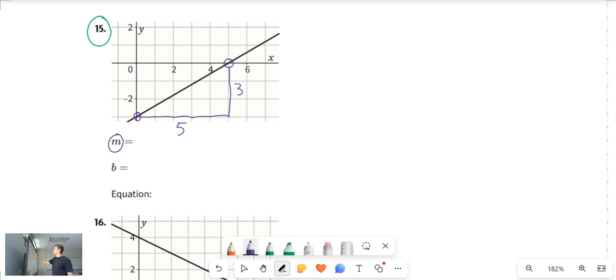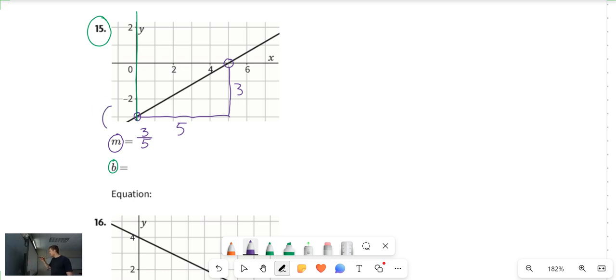Which means our slope is going to be, remember, always the change in y. It's always the vertical part on top. So it's always going to be 3 and then 5, and they're both positive numbers. So 3/5 is our slope. And our intercept, that's looking at the point where it crosses the y-axis. It looks like we actually pulled that point out.